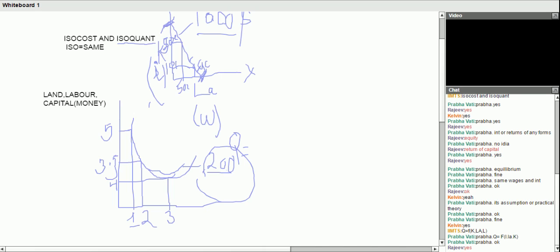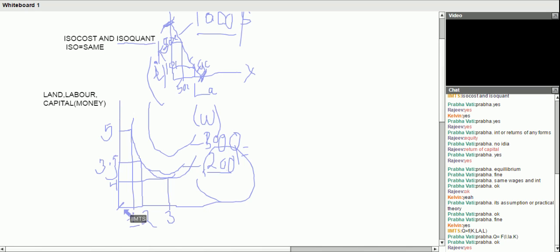Now, suppose this curve shifts towards this side, it means we are manufacturing more units. Like initially it may be 200, next may be 300. The more it is away from the origin, you understand origin? Origin is this point.